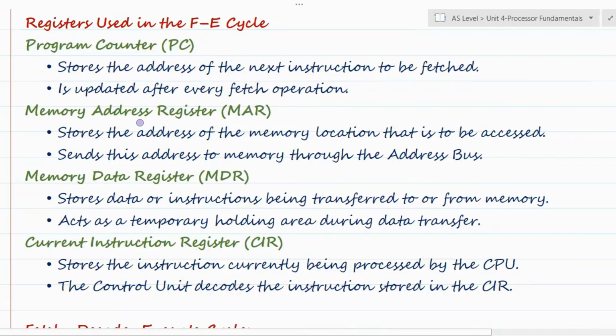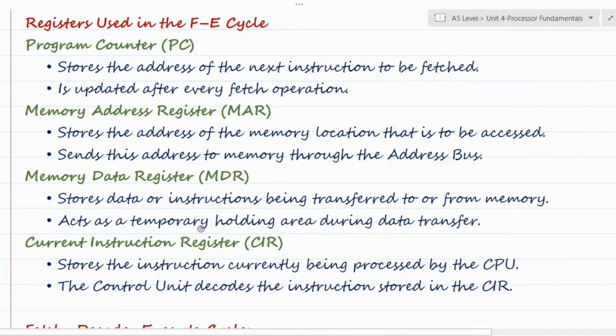Then we have memory address register. It stores the address of the memory location that is to be accessed, and it sends the address to memory through the address bus. Then we have memory data register, MDR. It stores data or instructions being transferred to or from memory.